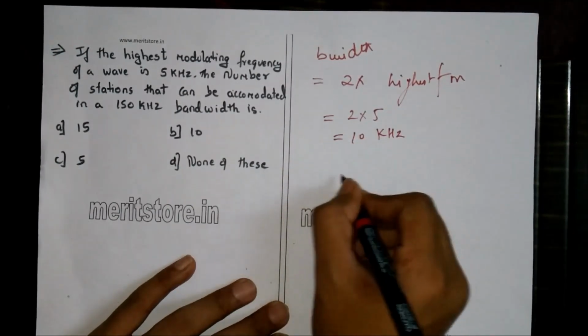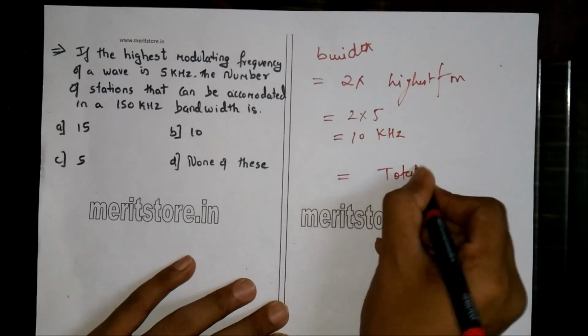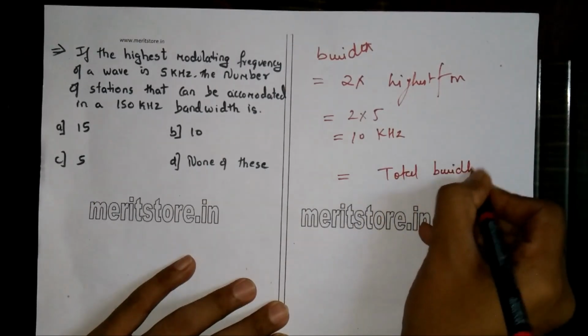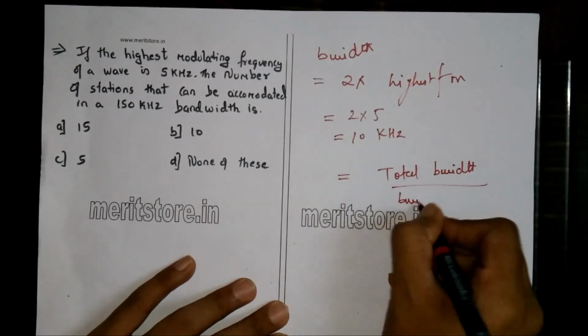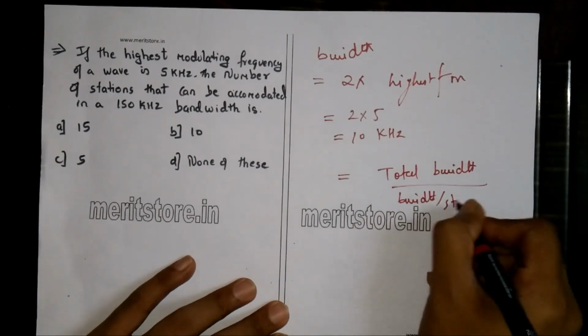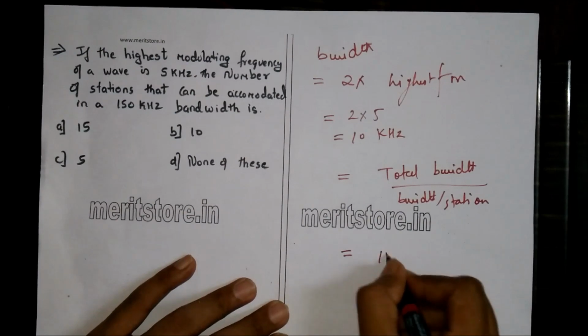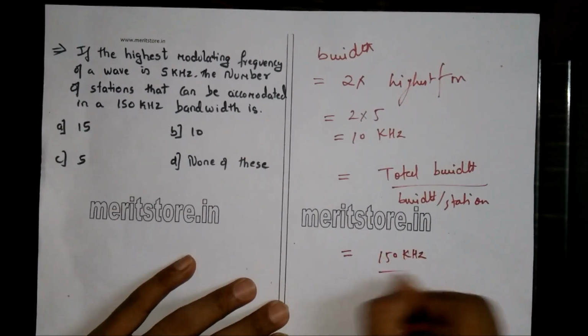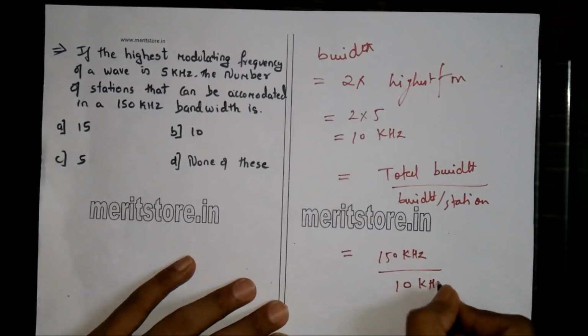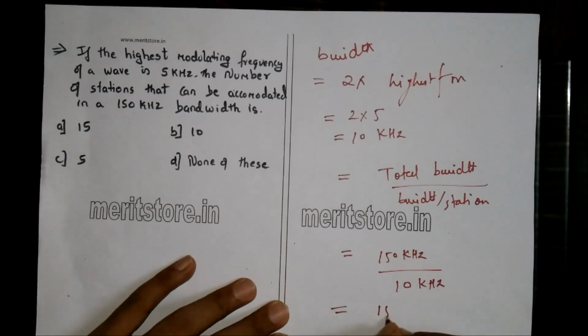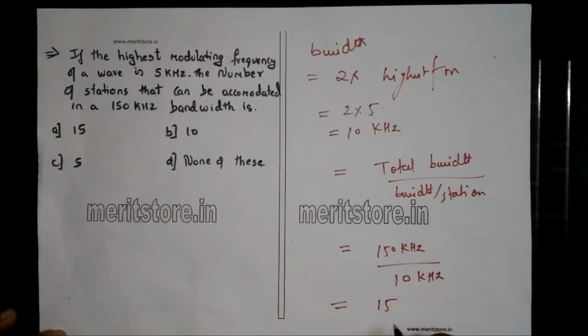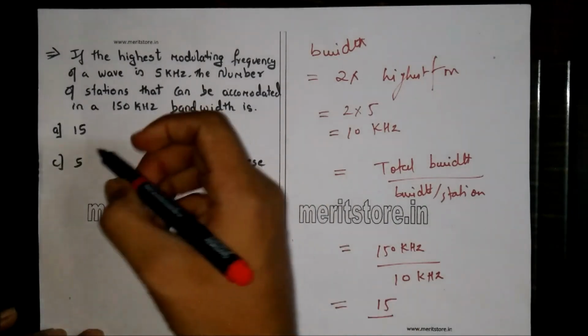So now the number of stations will be equal to total bandwidth upon bandwidth per station. Here the total bandwidth is given as 150 kilohertz and the bandwidth per station is 10 kilohertz, so it will be equal to 15. So the total channels that can be accommodated is 15. So the correct answer is option A.